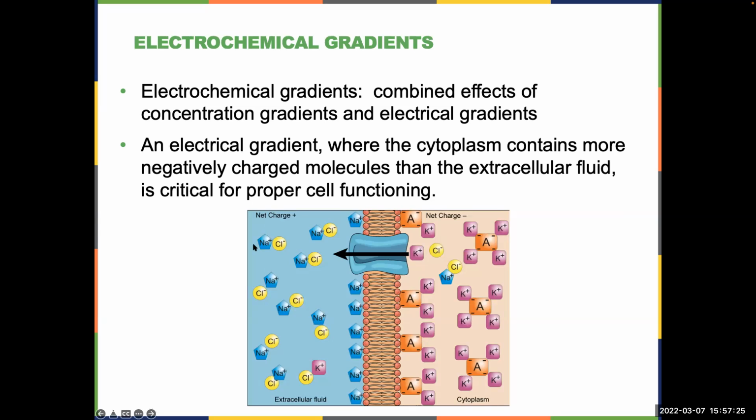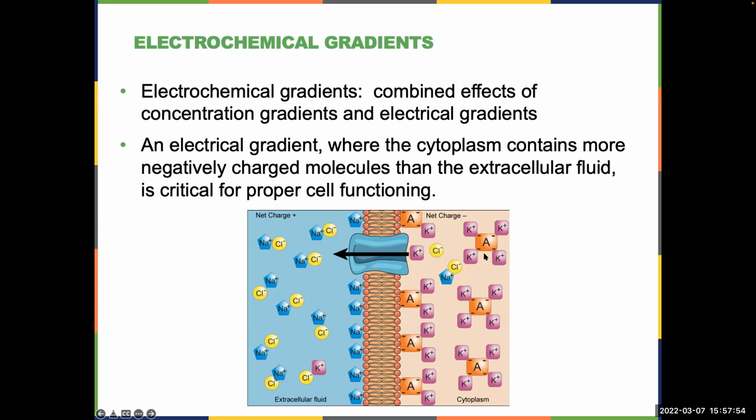See this picture, you have sodium chloride ions, negative and plus. You have a potassium ion, plus. You have these large groupings of negative charges. This could be like a protein in the cell, and proteins tend to have negative charges associated with them.